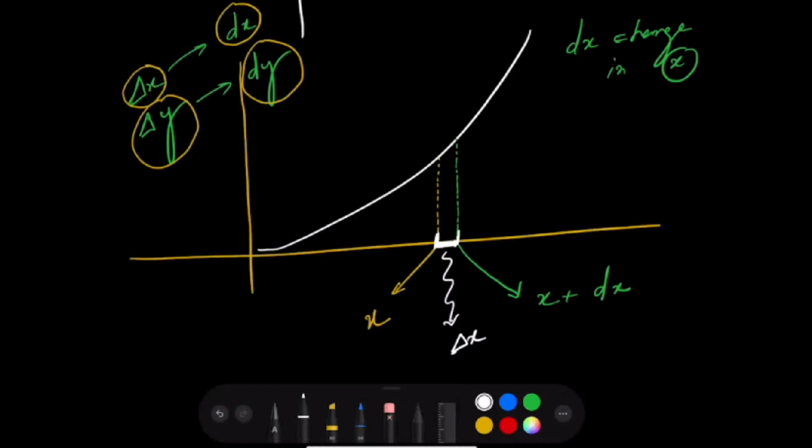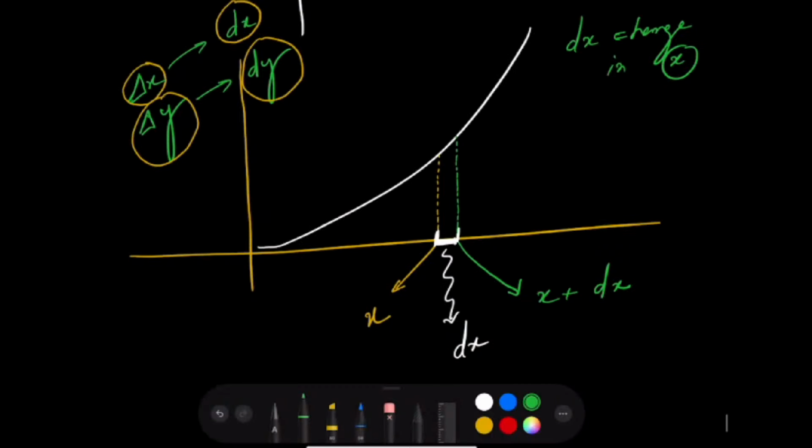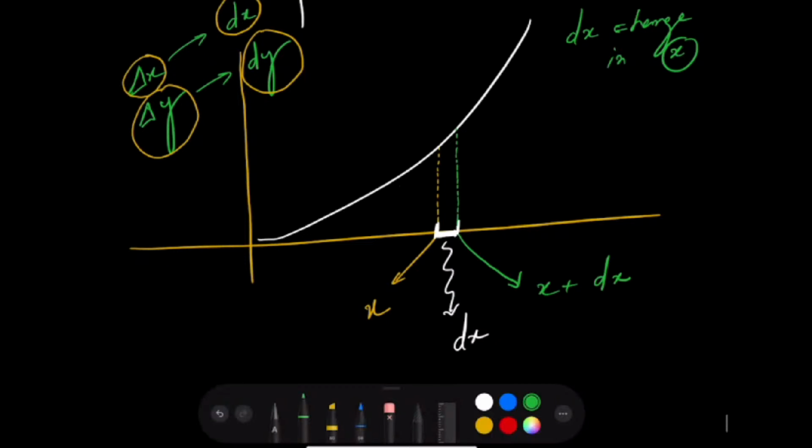Therefore, the distance between 2 points will be equal to dx. This will be dx. Okay, let me zoom in a little. So you are coming from this point to that point.